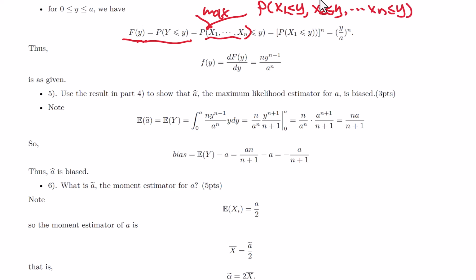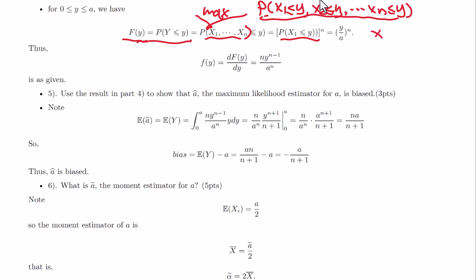Now this is the joint probability. Since X1, X2, ..., Xn are independent, the joint probability equals the multiplication of each marginal probability. That's how we can multiply each of the marginals.